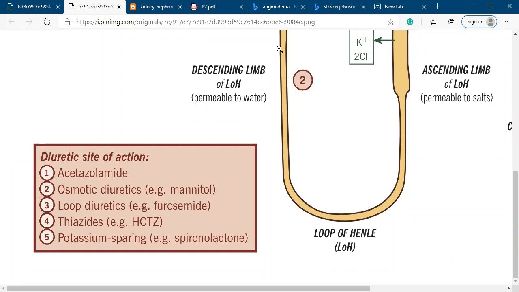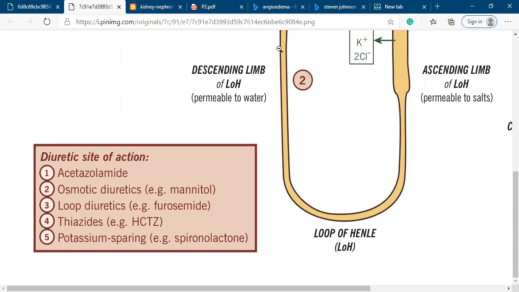Also, I tell you the potassium sparing diuretics like spironolactone are the best diuretics for hyperaldosteronism. It is good for patients who are diagnosed with hyperaldosteronism.